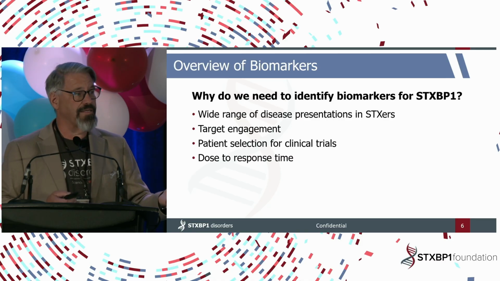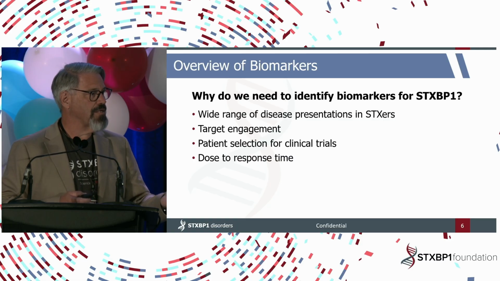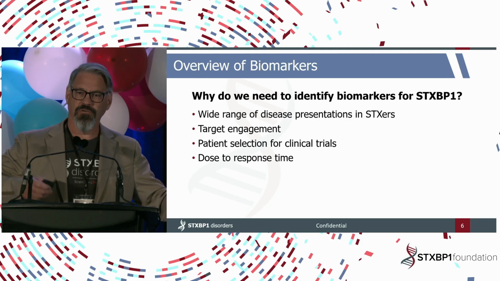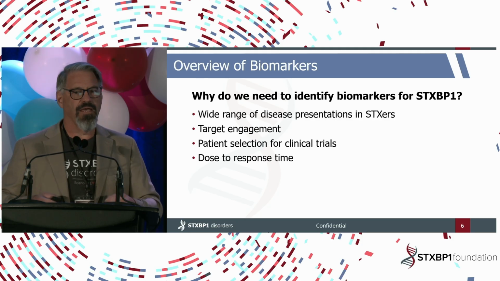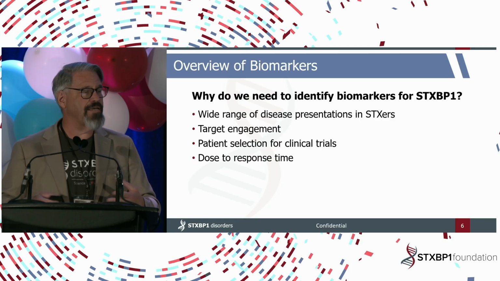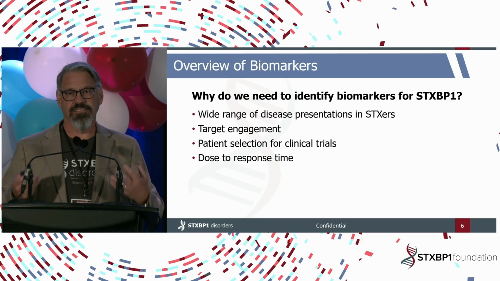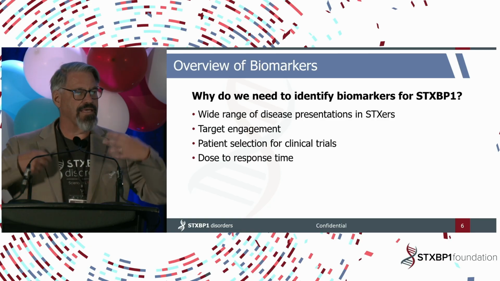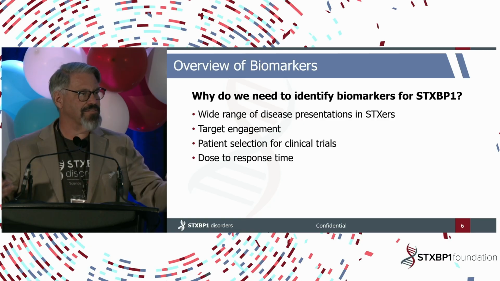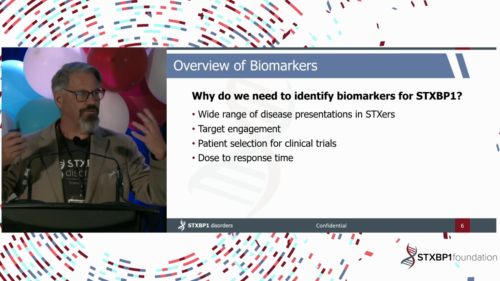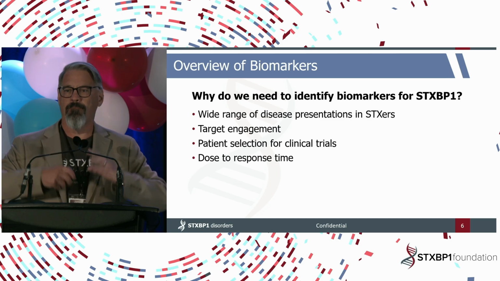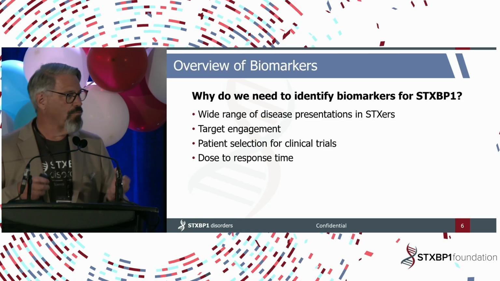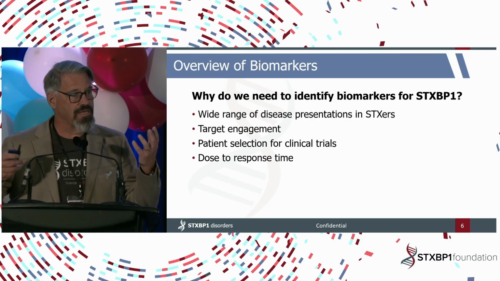But another important one is dose response time. So STXBP1, as a neurodevelopmental disorder, if you treat with the drug, it may take quite a while before you start to see advantages in the efficacy of a drug, because you have to start making STXBP1, and that has to go into the nerves, and that has to start increasing neurotransmitter release, and a bunch of things have to happen in the brain before you may actually see really positive effects in the symptoms in our kids.